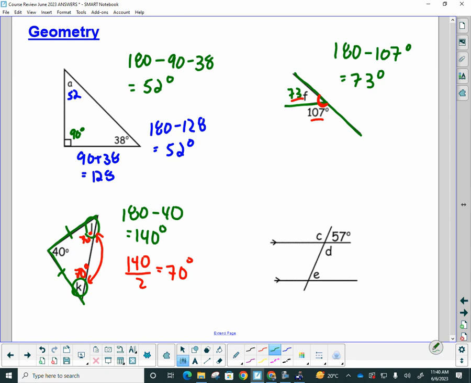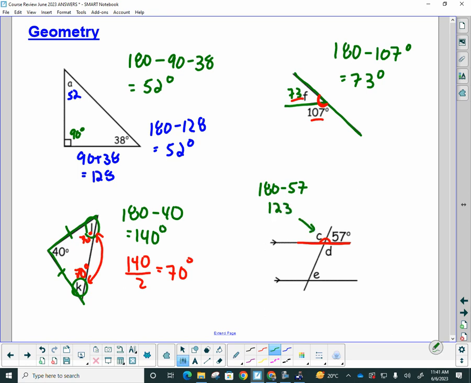In this one we have two parallel lines, and then we can use all of our patterns to figure out any other side. I'm going to start by looking at C as a linear pair again. You see it's on this straight line right there? And so this side must be 180 minus 57. So the C angle is going to be 123.